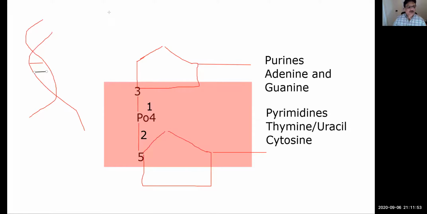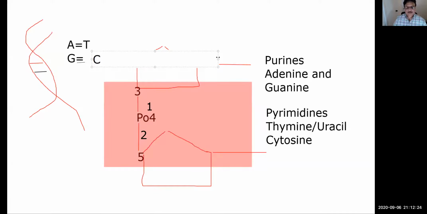The rule is that adenine forms a double bond with thymine, and guanine forms a triple bond with cytosine.